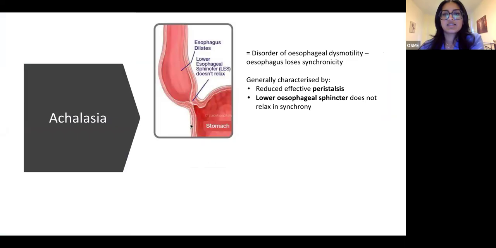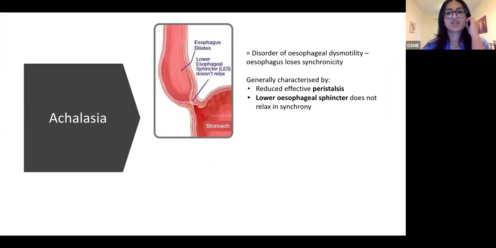So, achalasia is a disorder of esophageal motility. So, it's when the esophagus loses its synchronicity. When you swallow food, the parts of the esophagus contract in succession to move the food down to the stomach, which is peristalsis. And in achalasia, your peristalsis is basically less effective than it should be.